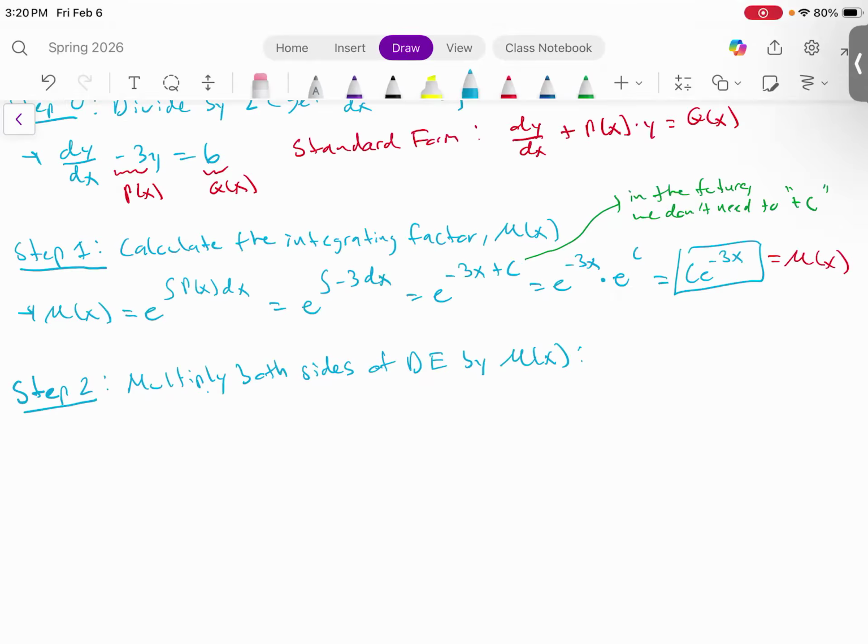So what I'm going to do is take my mu, c e to the negative 3x, and multiply it by both sides of my DE. On the right-hand side, it's just 6.